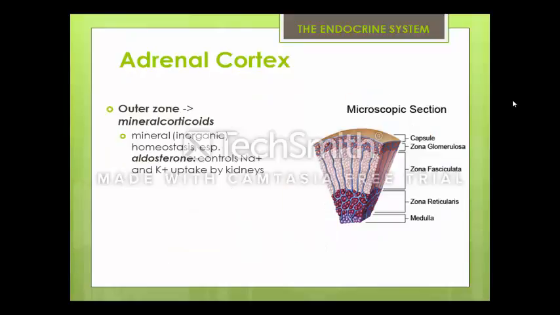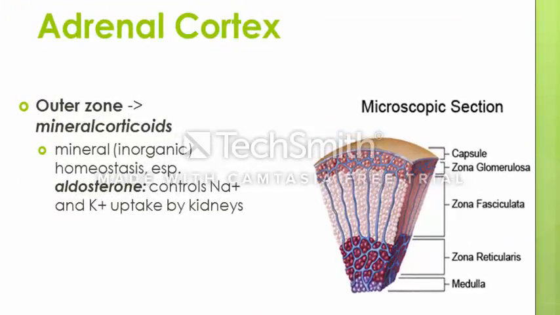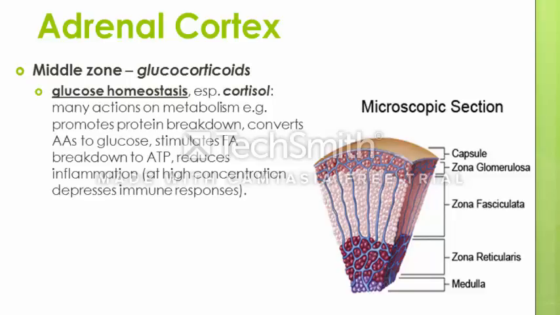The adrenal cortex produces several steroid hormones, or corticosteroids. The outer zone produces mineralocorticoids, which affect mineral or inorganic homeostasis, especially aldosterone, which controls sodium and potassium uptake by the kidneys. The middle zone produces glucocorticoids which affect glucose homeostasis, particularly cortisol, and this has many actions on metabolism.